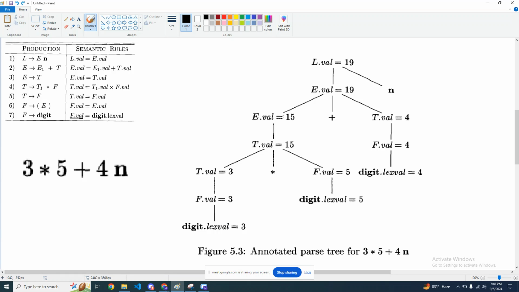Also, in your annotated parse tree, you have seen these branches are written in solid lines. But in the dependency graph, these branches will be dashed.